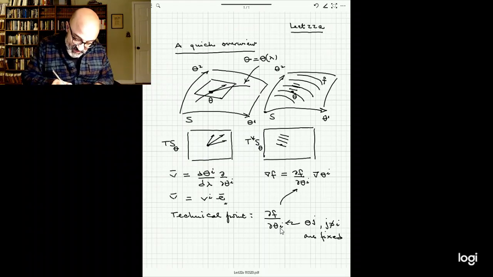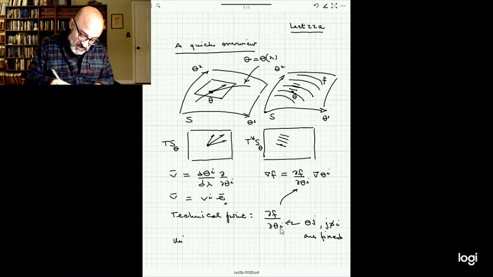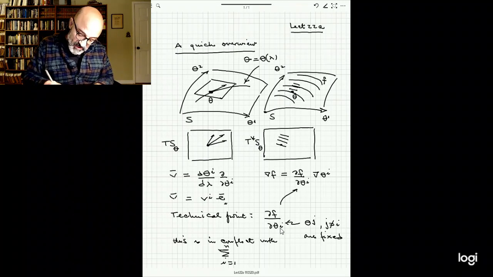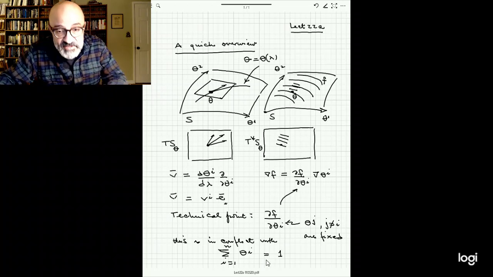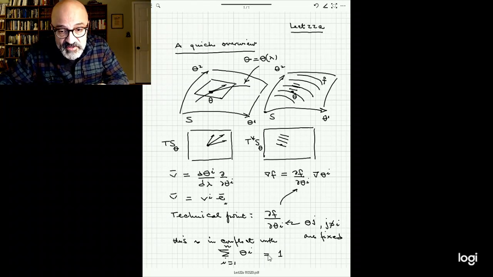Now, this actually is in conflict with normalization. Since all the thetas here are supposed to add up to 1, you cannot change one of them while keeping all the others fixed.